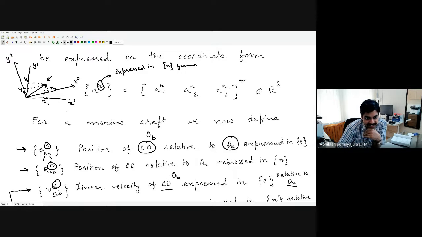So if I'm looking at the x1, y1 frame, I drop a perpendicular here, that will be x1. I drop a perpendicular onto the y1 axis, that will be y1. So in this coordinate frame, if I want to locate where the vector is pointing to, I will say x1 times e1 plus y1 times e2. This will be the vector representation of it, isn't it?